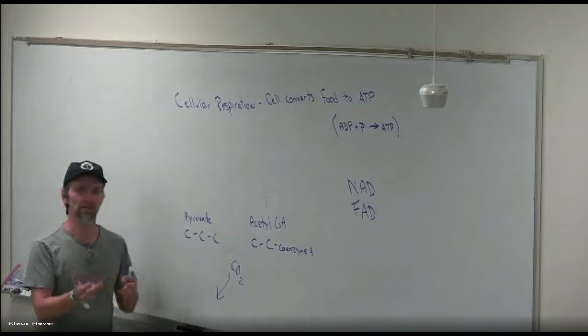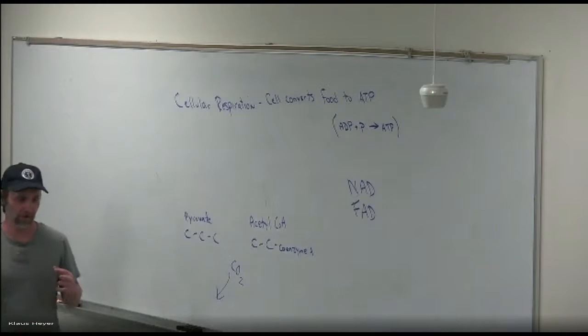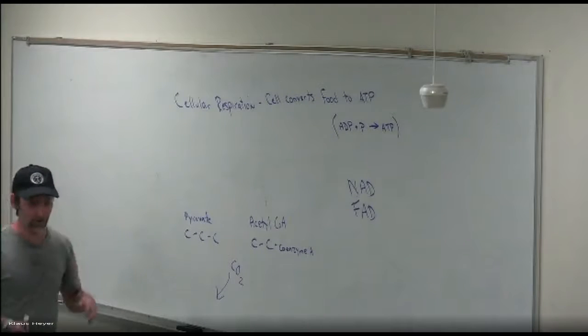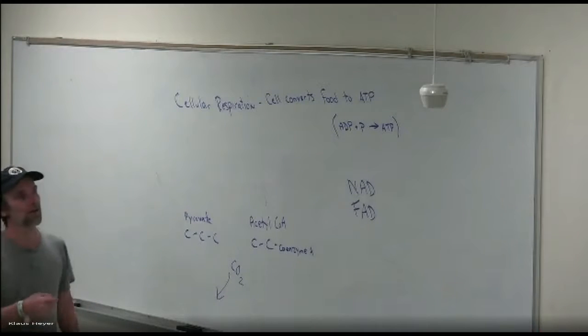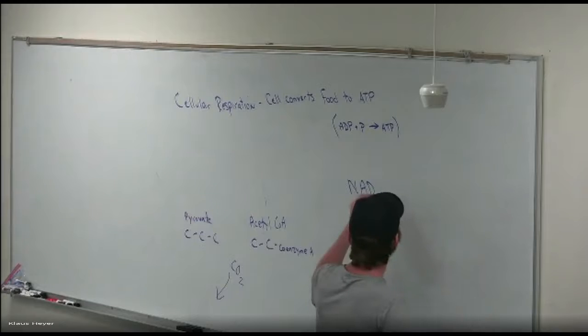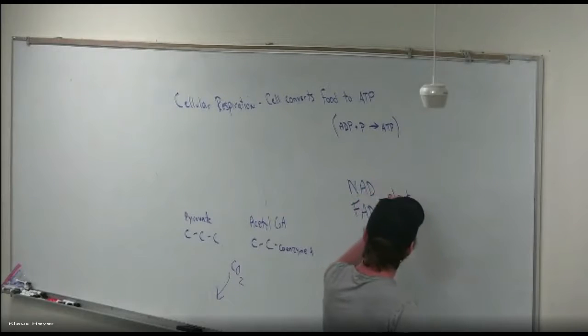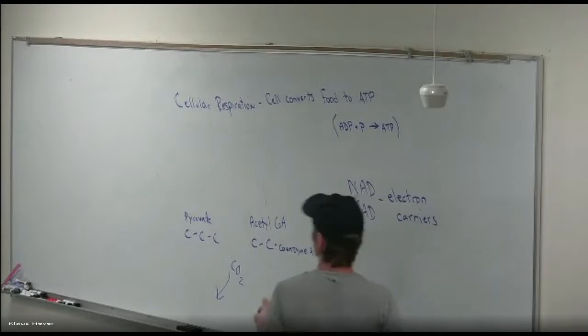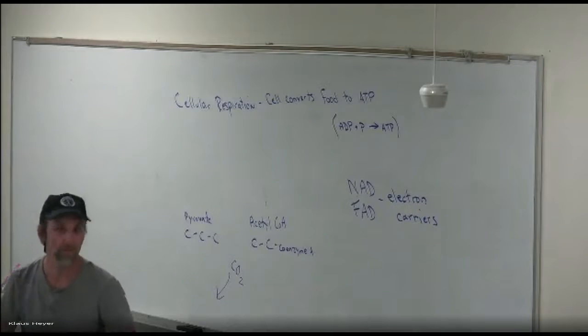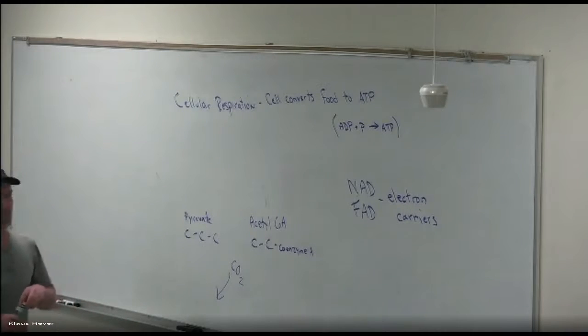They'll have pluses and minuses, and that's all about these molecules getting oxidized or reduced. We never really talked about oxidation and reduction, so I skip it. The important thing is that NAD and FAD are electron carriers. That's it. So when you see them, in whatever form, they're grabbing electrons and carrying them.